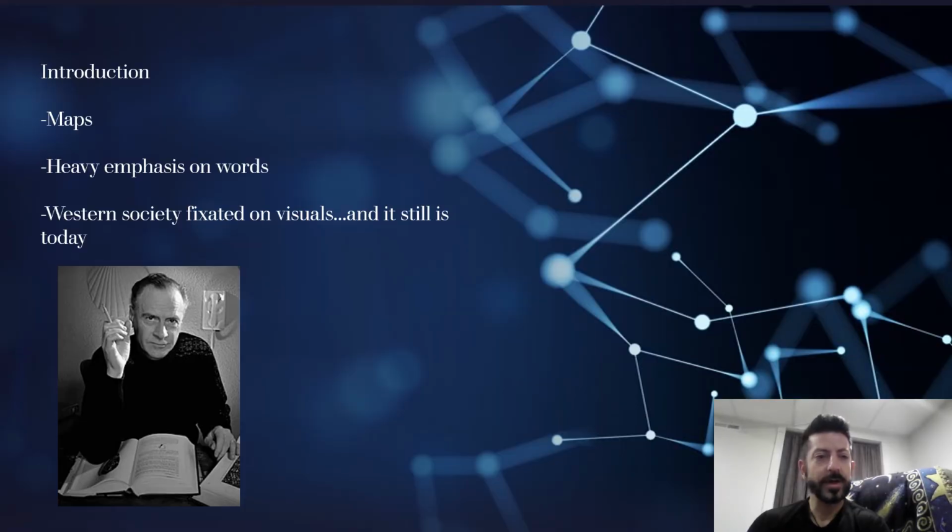So McLuhan starts both chapters, and I'm not sure, maybe he starts all chapters, with a small story. In Chapter 16, he starts with a telling of maps. They were historically printed.